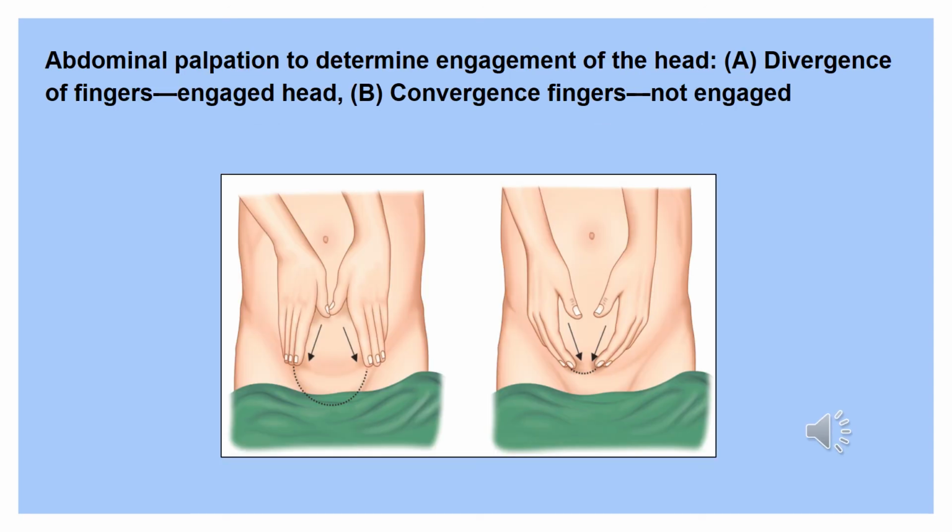This picture shows how to determine the engagement of the head. Picture A, if the fingers are diverging, that means the head is engaged. Picture B, if the fingers are converging, the head is not engaged.